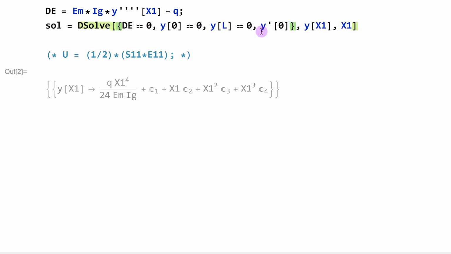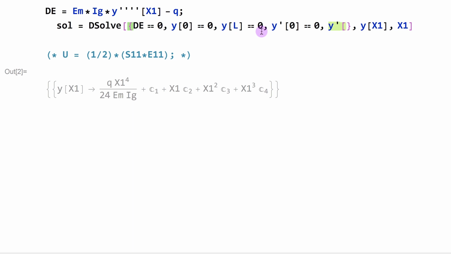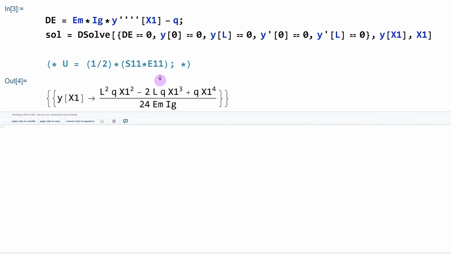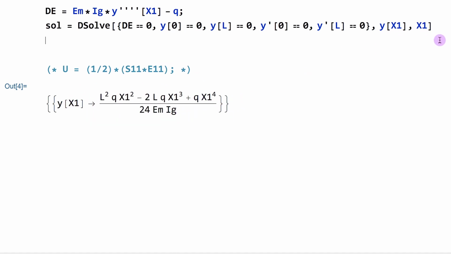So I can go y prime at 0, we know that's equal to 0. And y prime at L, so at the other end, we also know that this is equal to 0. So now that I have my four boundary conditions, if I run this now, as I can see, I have my solution. Now it's good to go. Everything's looking pretty good. We can move on.